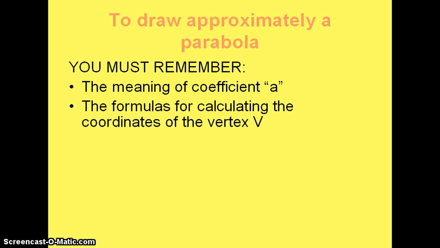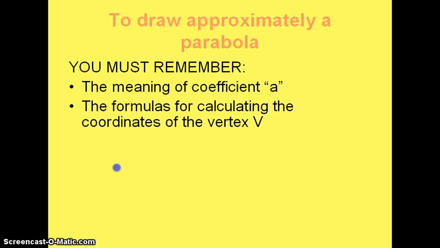Second, the formulas for calculating the coordinates of the vertex V: minus b over 2 times a, and minus delta over 4 times a, where delta is b squared minus 4 times a times c.